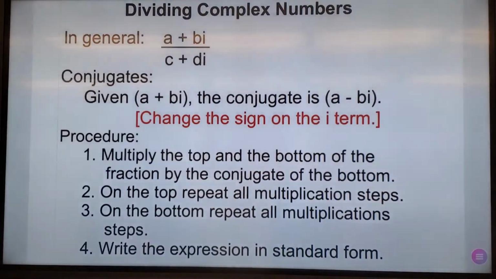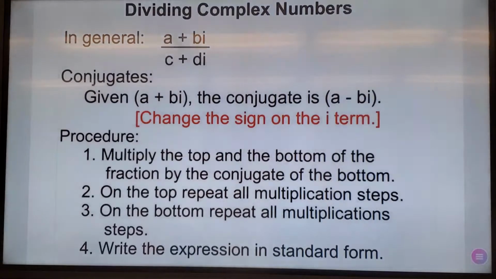Okay, now for dividing complex numbers, this is where it's time consuming. We're going to essentially break this apart to become two multiplication problems. Okay, but there is a new step here. We're going to be taking a plus bi divided by c plus di, and we're going to find the conjugate of the denominator. Okay, so if I'm looking at the a plus bi, the conjugate of that is a minus bi. Okay, so hear what I'm saying here.